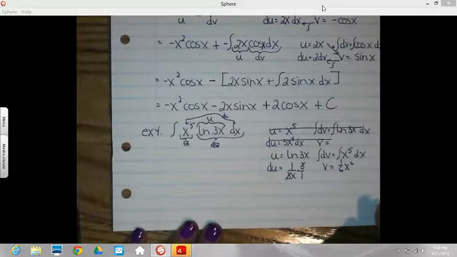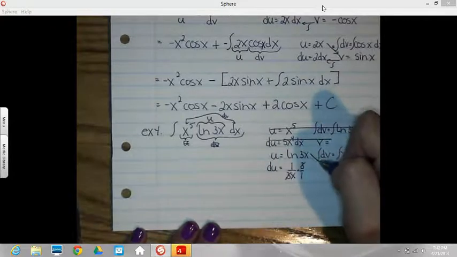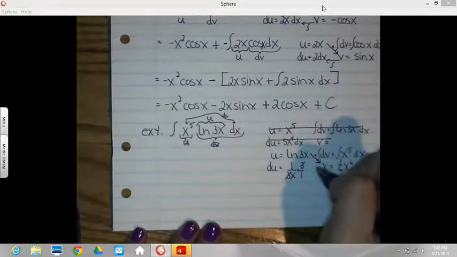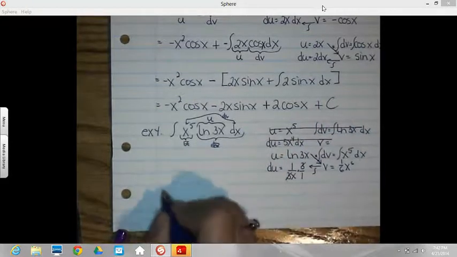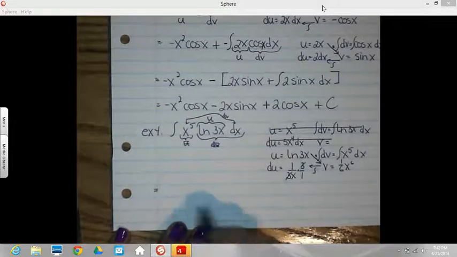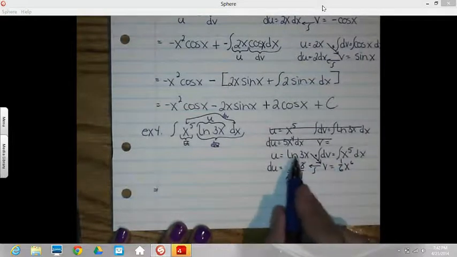And now it's the integration by parts formula, which is easy with the arrows. Multiply, integrate. So I'll just start it down here. I'll probably bring this to the front, put the ln on the end.